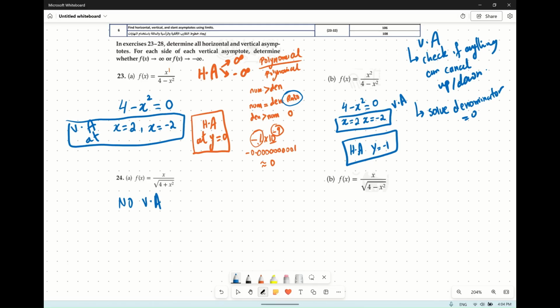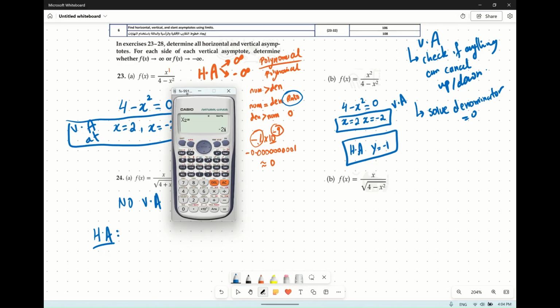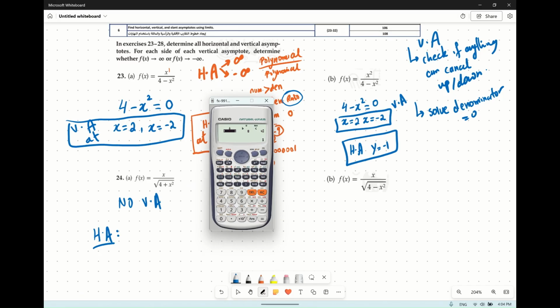Okay. Now we go to the horizontal asymptote. Horizontal asymptote, I can do this with the calculator. I will go to my calculator. I will write the function. So here I will write x over square root 4 plus x squared. Calculate. I will put a large positive number. I got 1. Then calculate.